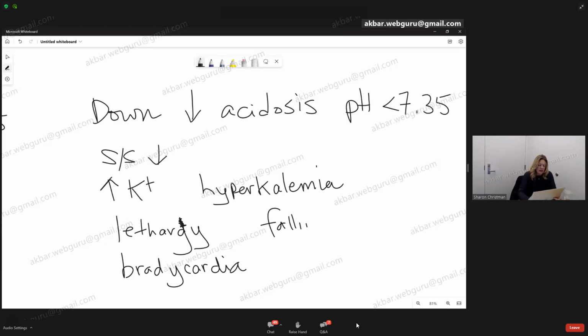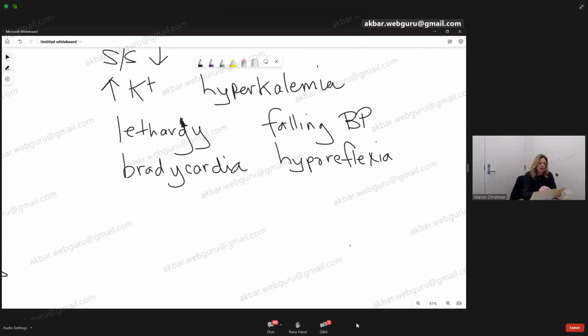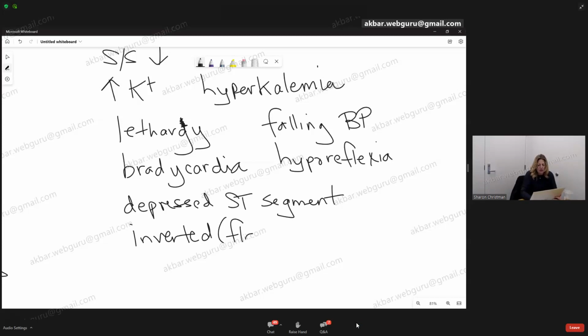Falling blood pressure, hyporeflexia, depressed ST segment, inverted, or could say flat. They're both down words. Inverted or flat ST segment.